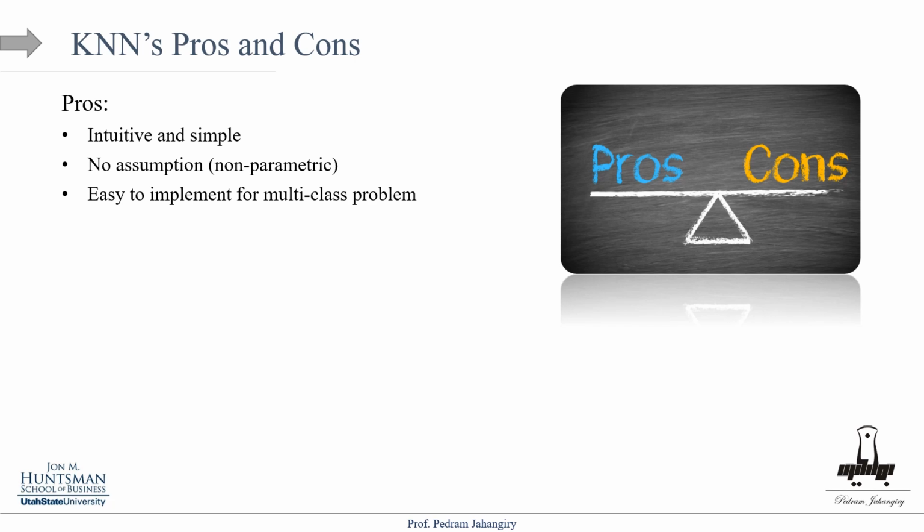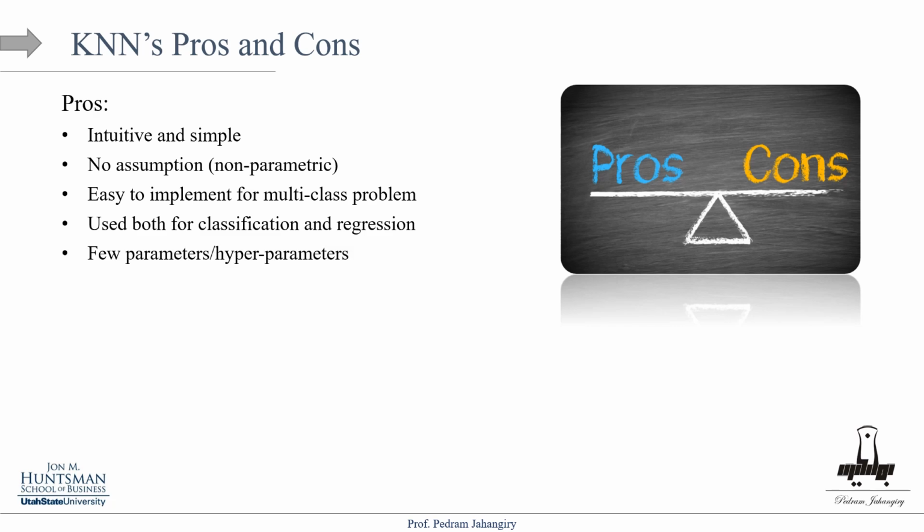Let's say you have 4 classes, 5 classes. You can easily apply KNN to find the cloud of data, basically to figure out the pattern in the data. It is used both for classification and regression, and the other advantage is that there are very few hyperparameters. Most of the time we're dealing with distance metrics and the number of neighbors.